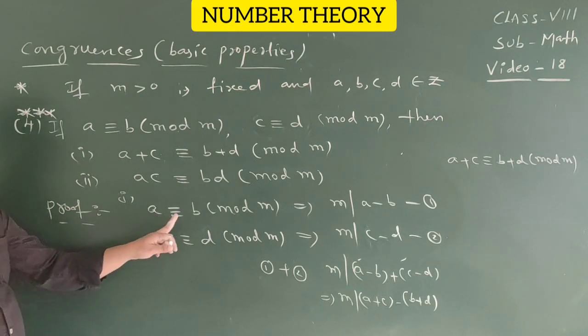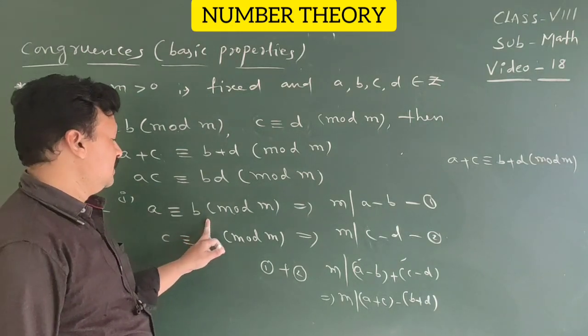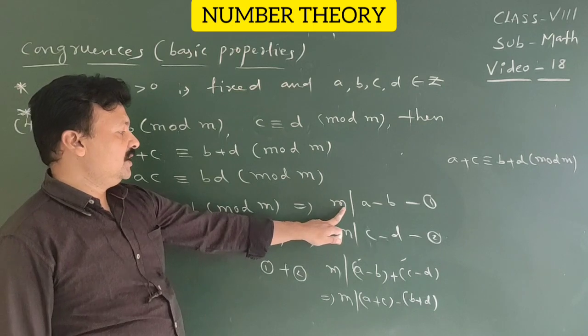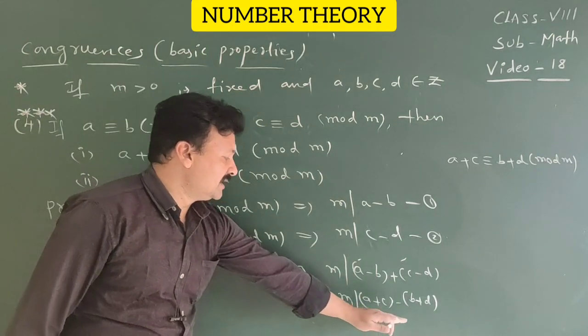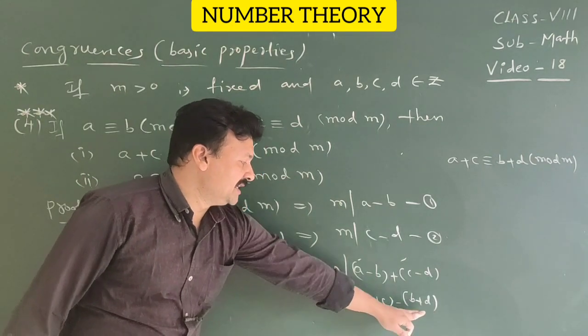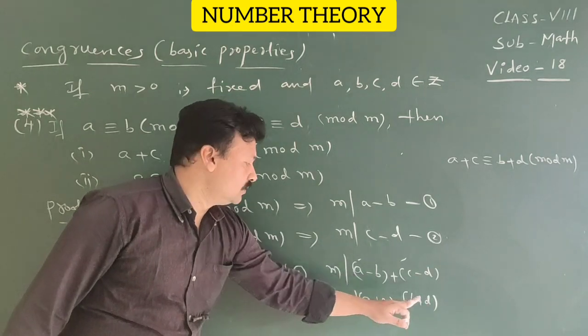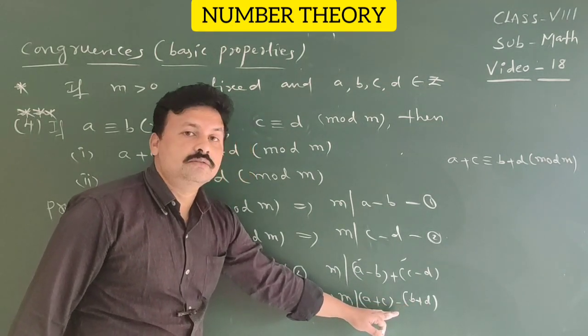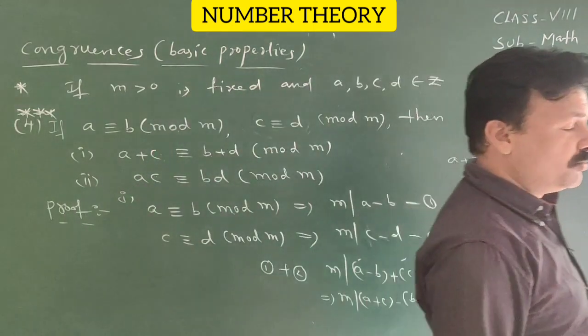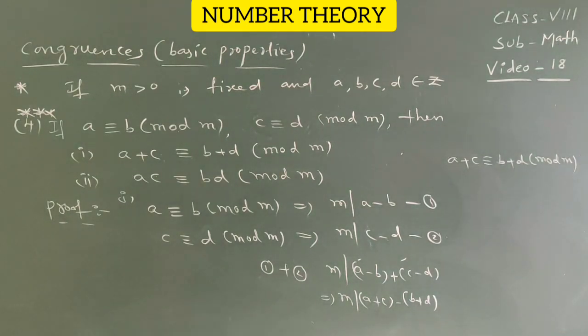Here they gave A is congruent to B, written as M divides A minus B. Now we got M divides something minus something, A plus C minus B plus D. So A plus C is congruent to B plus D mod M. These are the refined statements.